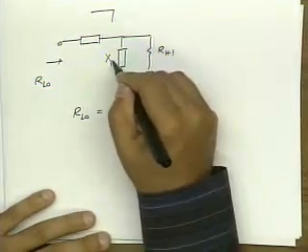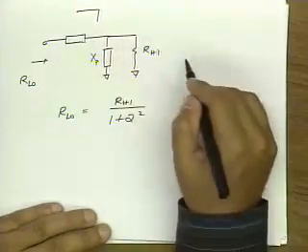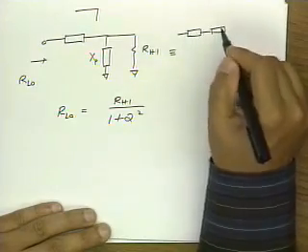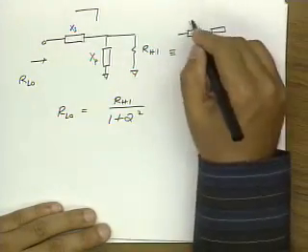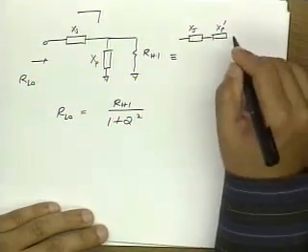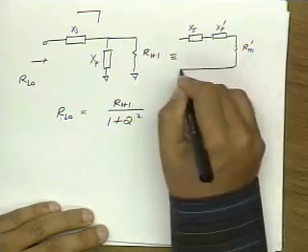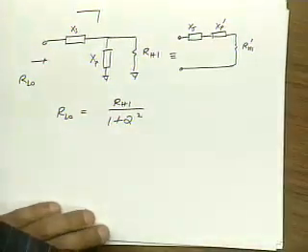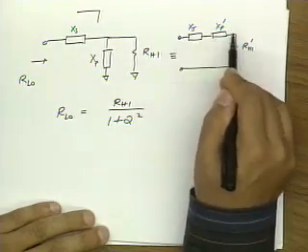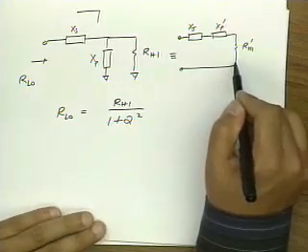Let's call this XP. Now let's do a parallel to series transformation. So this, we're going to transform. Let's call this XS. This is XS. This is XP prime. And this is R high prime. Okay? And of course, we set these equal to each other and with negative signs so that they resonate out, and we just end up with R high prime.